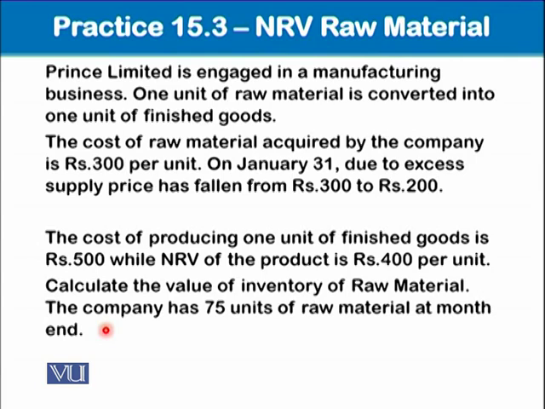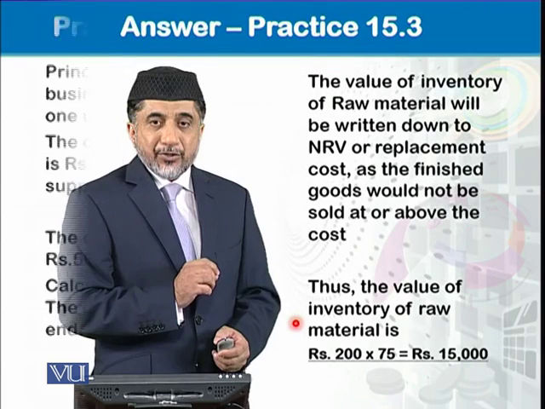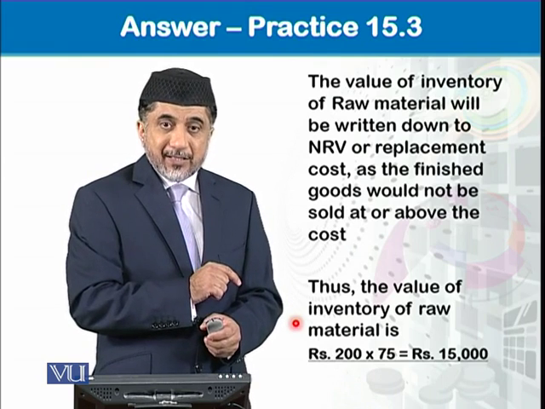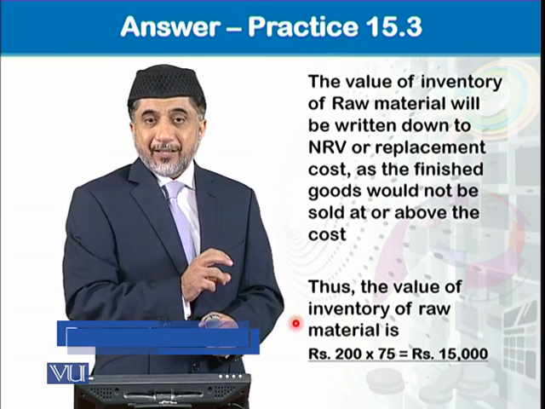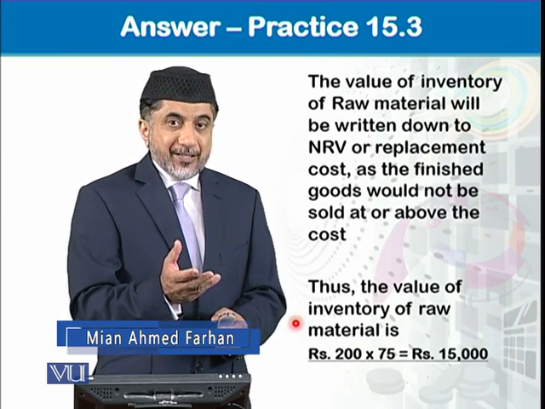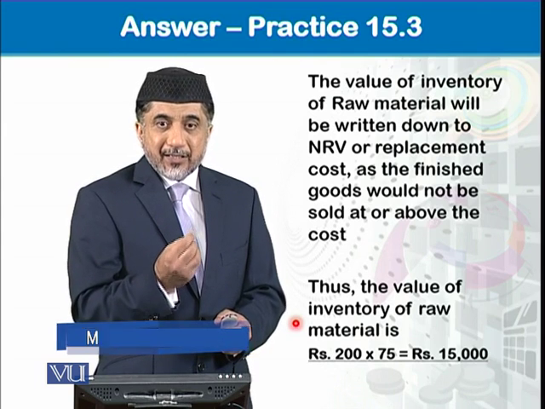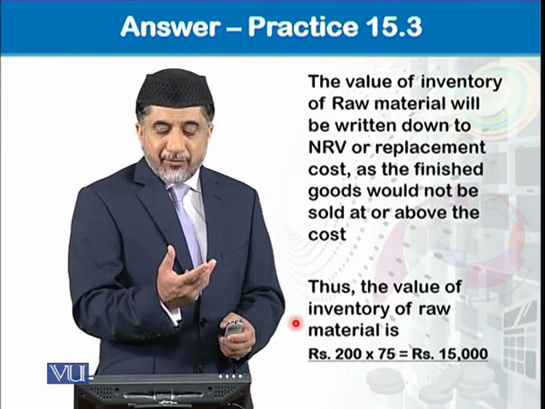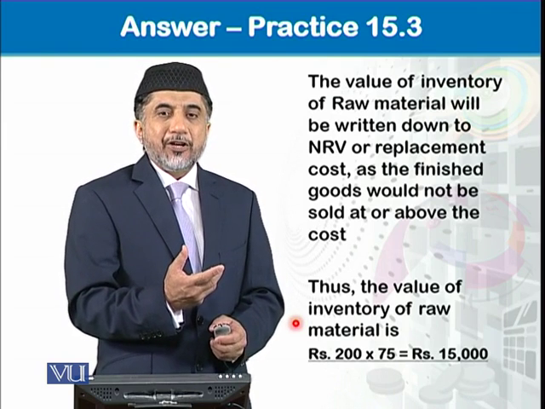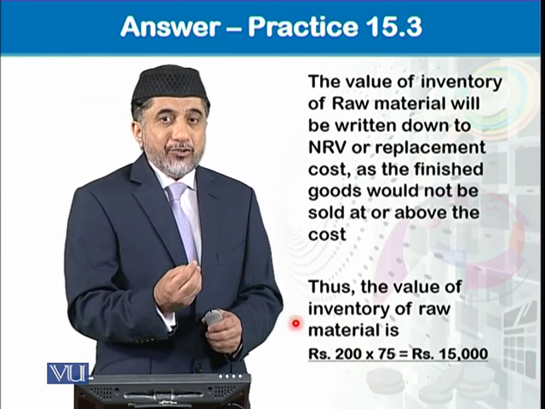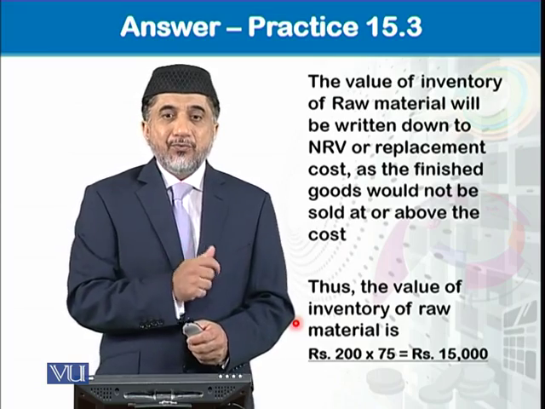Just have a look at it, the company had 75 units of raw material at the month end. Since the net realizable value for this raw material, its replacement cost, is 200, the inventory will be measured at 200 multiplied by 75 units, which comes to 15,000. So this 15,000 will be the value of inventory in our balance sheet for raw material.